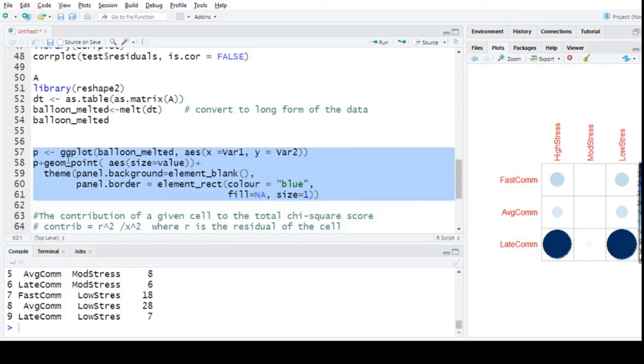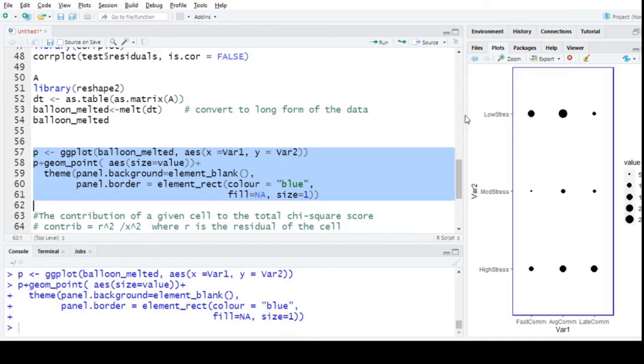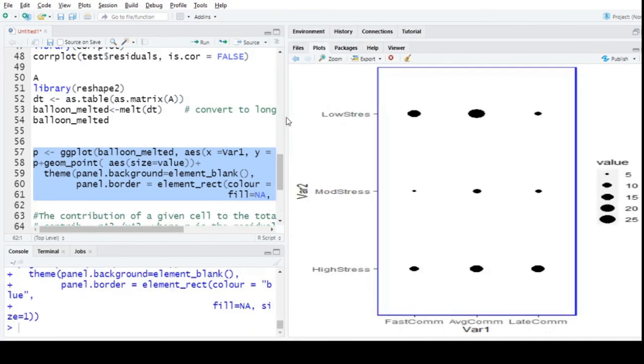So this is the distribution. This is the plot, and we are using balloon melted, that means this particular variable in long format, to generate the plot. This is the plot that we generated.